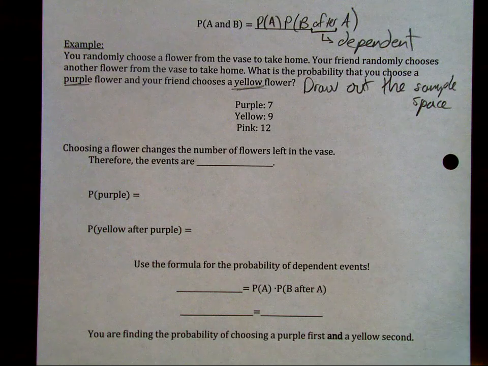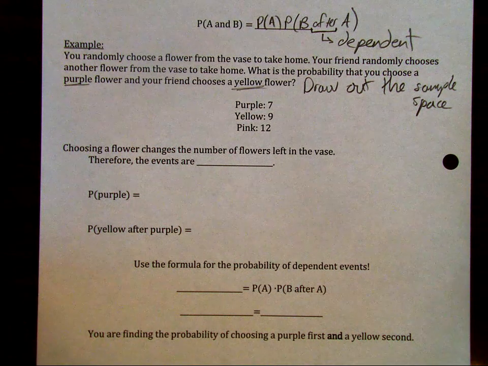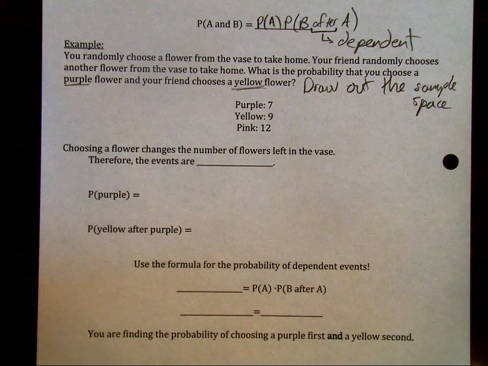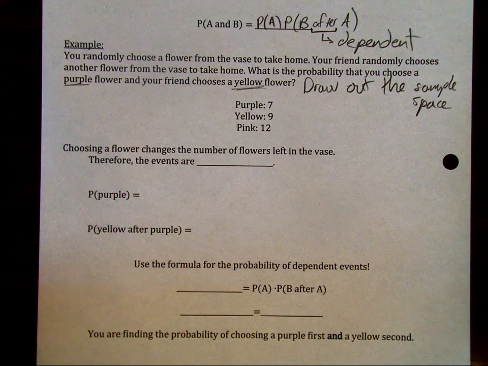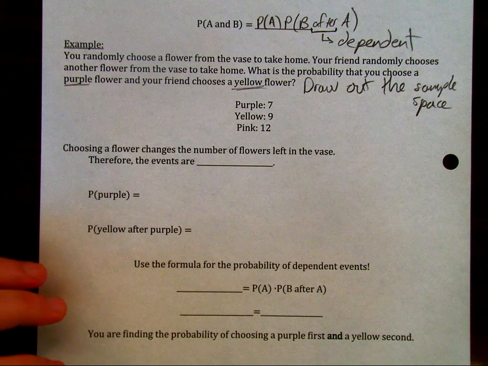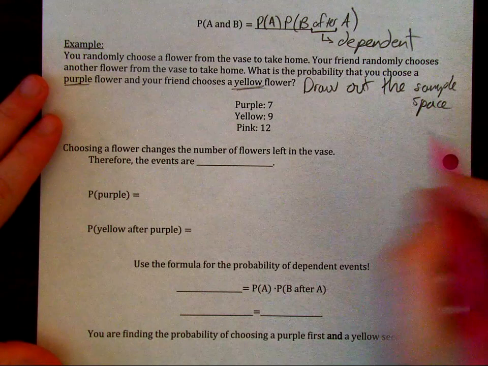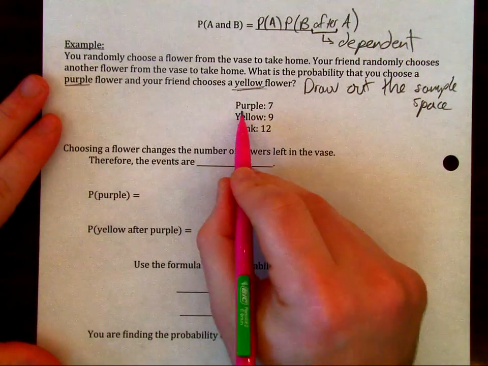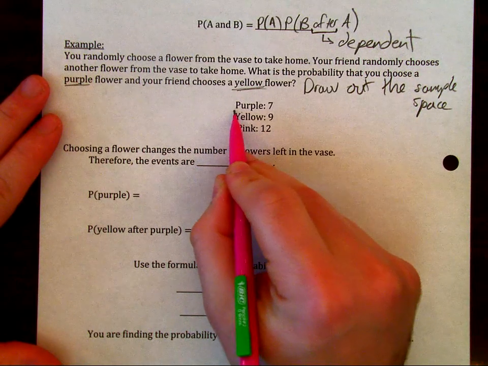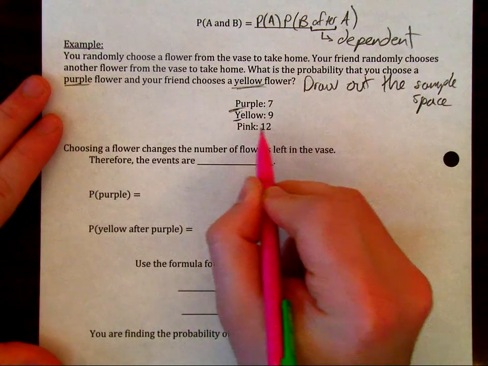So maybe I can kind of draw out those flowers. Again, I could use colored pencils, markers, whatever I want. But maybe if I just have a pencil, I can just draw those letters like this. So I can let P be purple. I can let yellow be Y, and I can say a K can be pink.